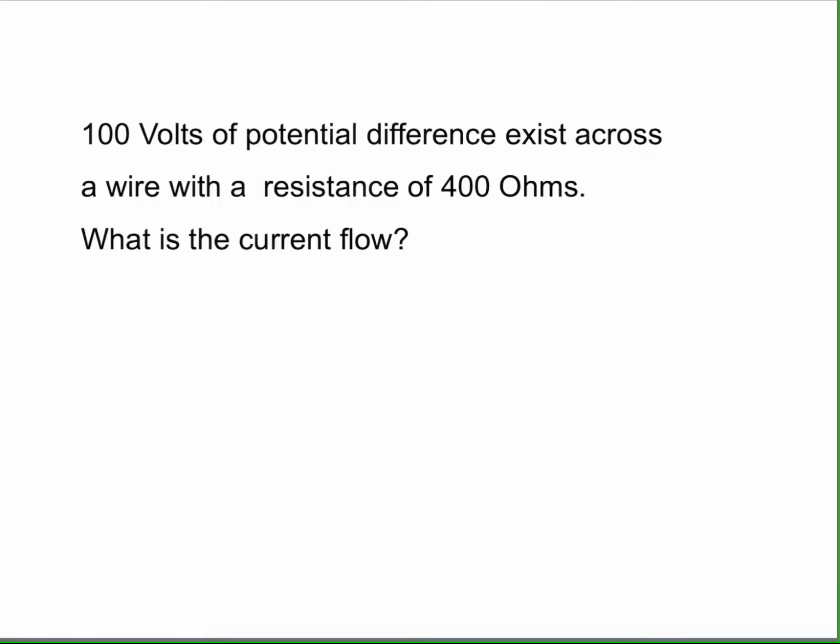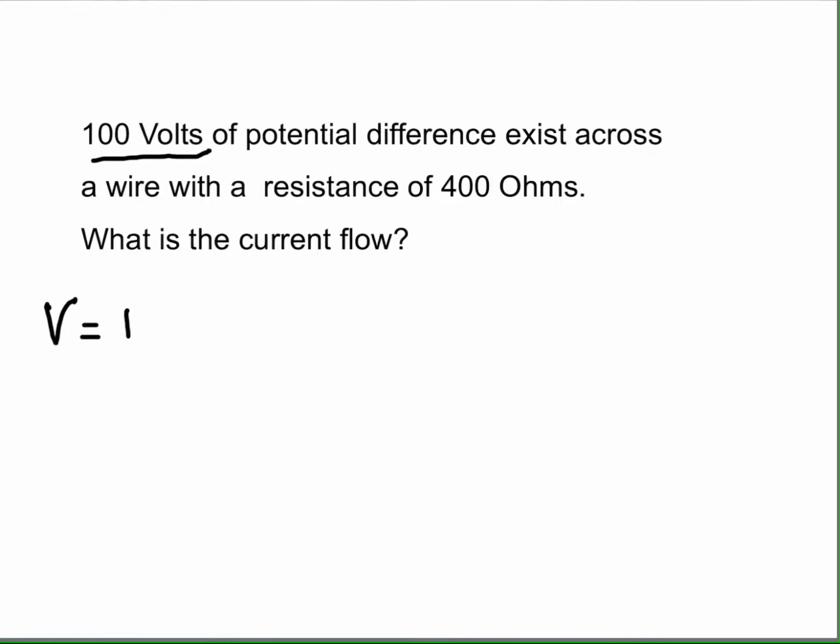Okay, so we're going to start with a review question. This was based on our last lecture. We have a 100 volt potential difference existing across a wire with a resistance of 400 ohms. What is the current flow? So we're looking for current.